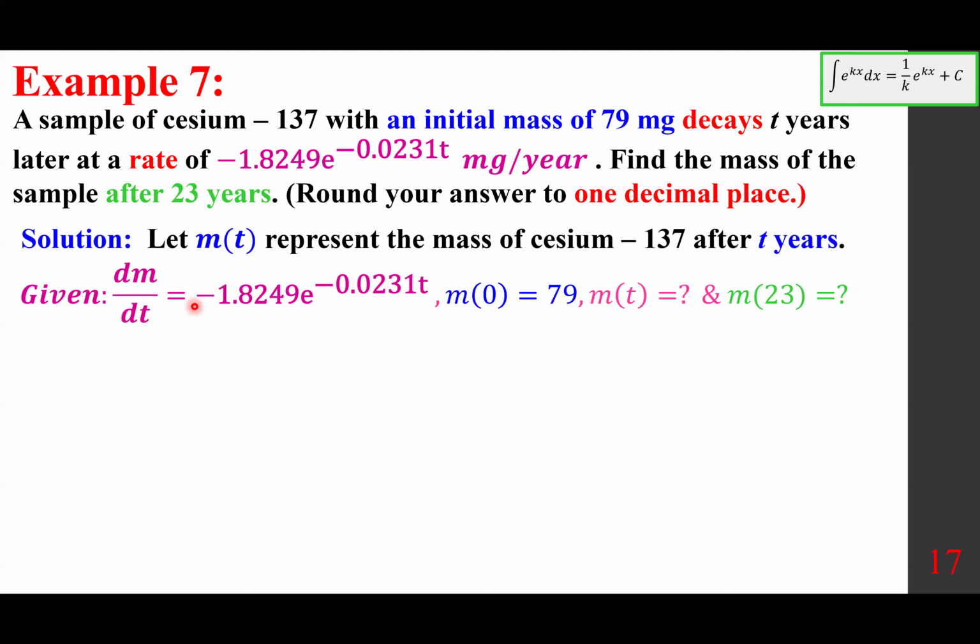This number doesn't go away. This coefficient remains. You can even take it outside the integral sign. And you divide by the coefficient of t. Over here, we divide by the coefficient of x, which is k. So negative 1.8249 divided by negative 0.0231, e to the power of the same thing, and a constant.